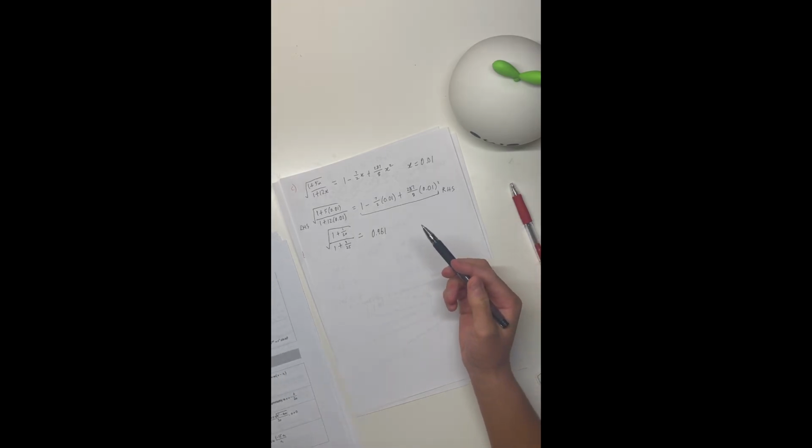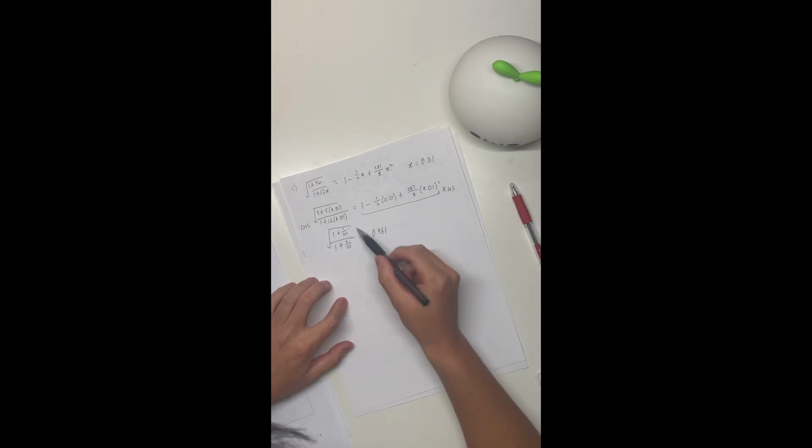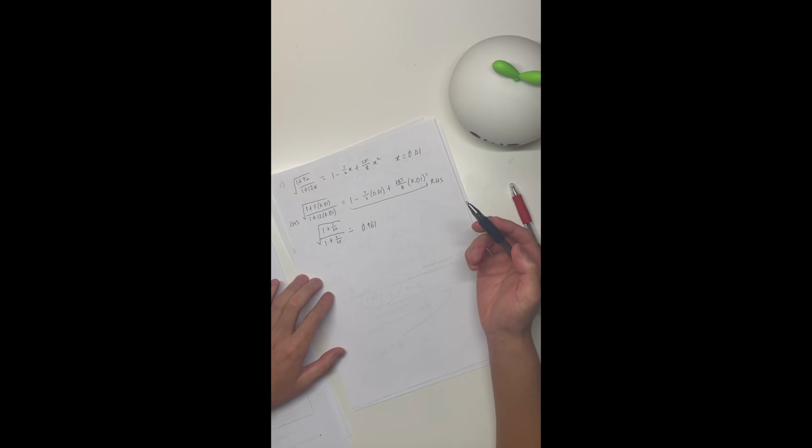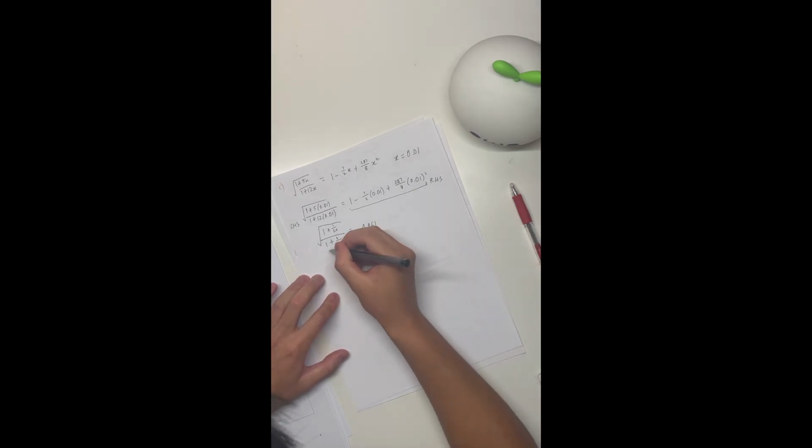So now we'll have to make this left hand side prettier. We know that 1 plus 1 over 20 is the same thing as 20 over 20 plus 1 over 20.